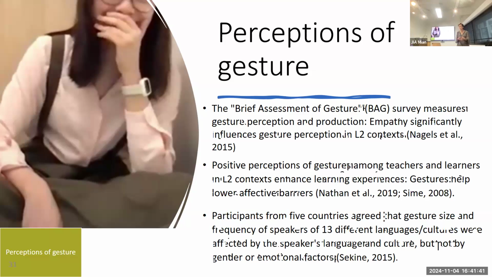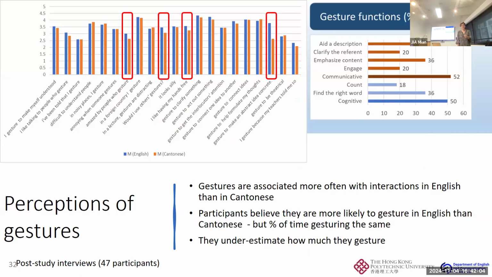He calls it the brief assessment of gestures, where he's trying to show that people who are more empathetic are more attuned to gestures and have a better perception of gestures overall. So we thought, oh, that's quite interesting. We copied the questionnaire, and we also sent it to our participants after everything was finished. And then we added a couple of questions which were related to the use of the gesture.